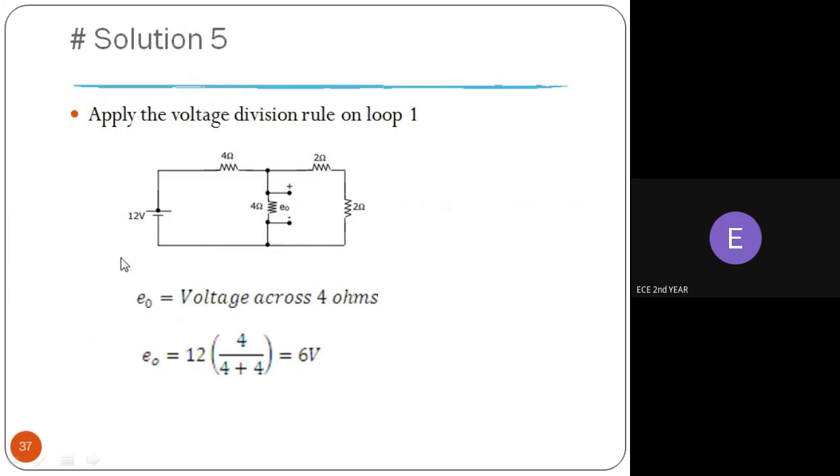E0 is equal to the total voltage 12 into the individual resistance 4 divided by the total resistance 4 plus 4, which is 6 volt.